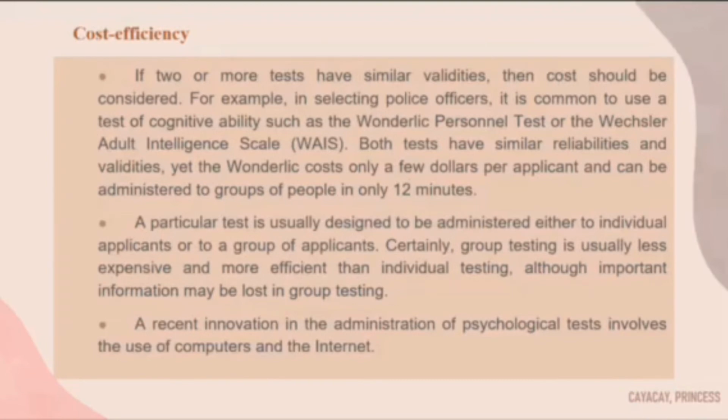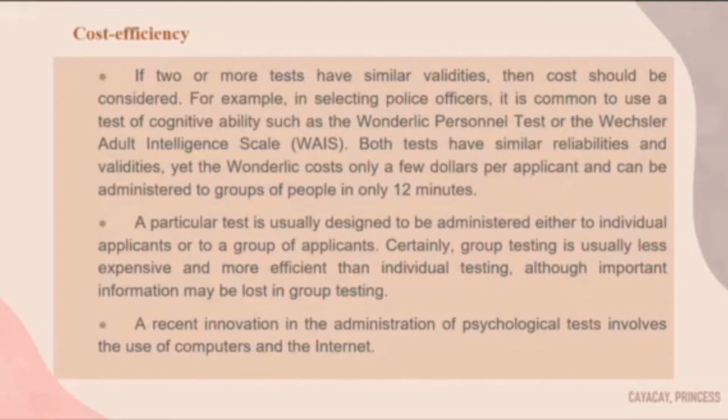So let's proceed to the cost efficiency. If two or more tests have similar validities, then cost should be considered. For example, in selecting police officers, it is common to use a cognitive ability test such as the Wonderlic Personnel Test or the Wechsler Adult Intelligence Scale.